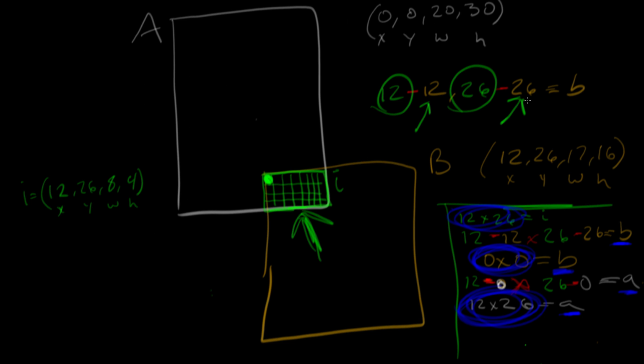So that becomes 13 minus 12, comma 26 minus 26. That will turn out to be 1, 0. So that's going to be a different part in B. So 1, 0, and that will be this one here. So once that's done, we would have investigated 2 pixels.